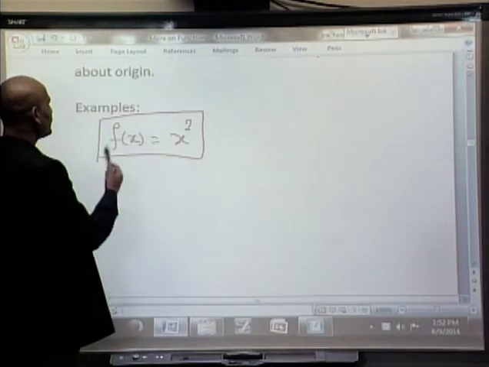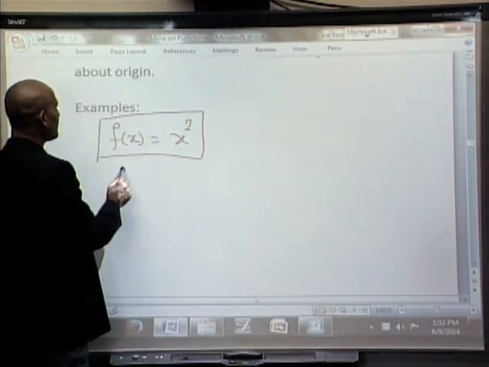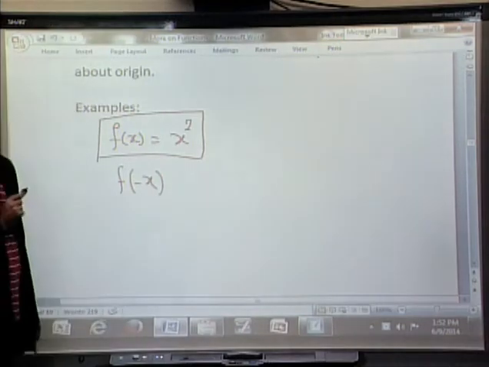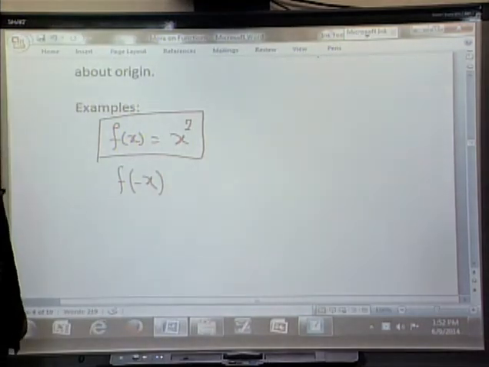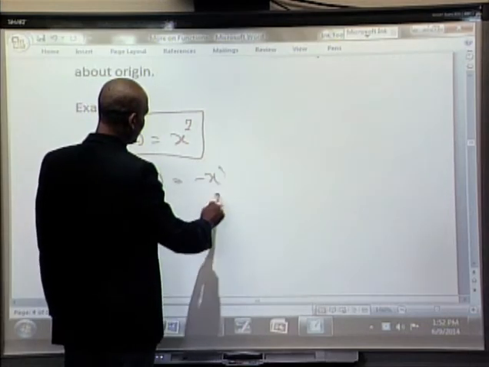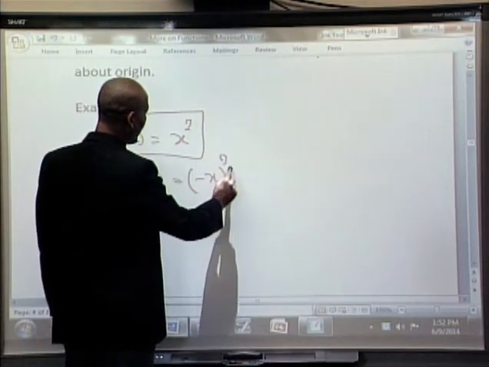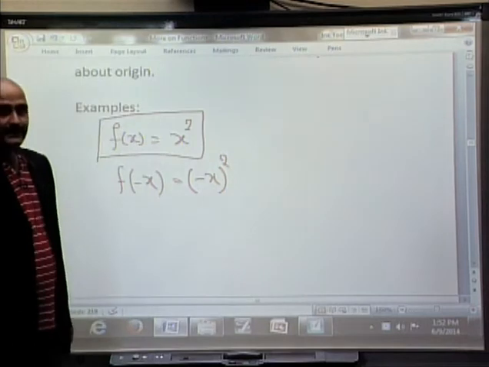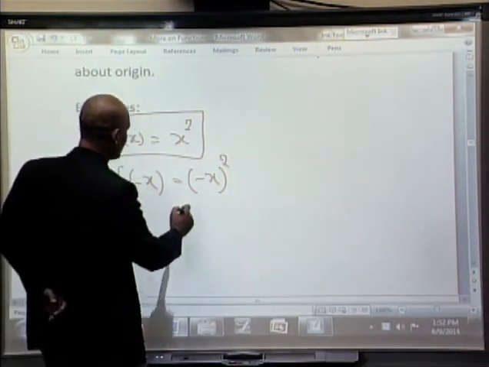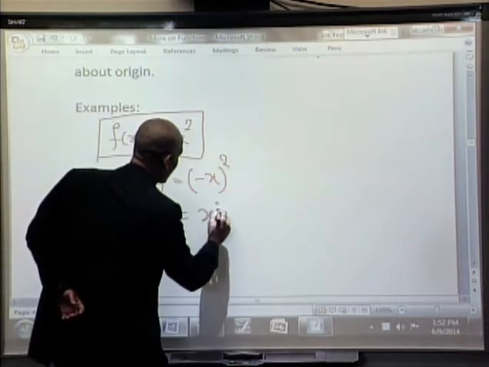In order for me to know whether this is even or not, I have to replace x by negative x in the formula. So, I would say f of minus x, and I will replace x by negative x in the formula to get negative x squared. Negative x squared means negative x times negative x, that gives us exactly x squared.